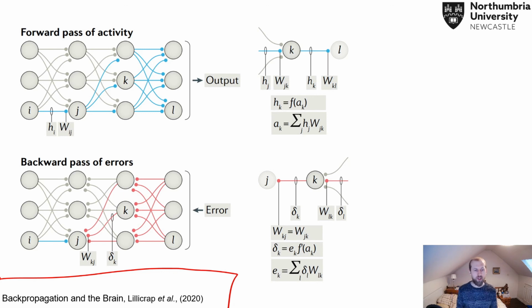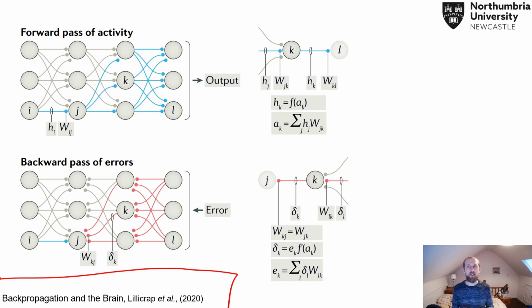Another thing that I just want to mention, this backpropagation in the brain paper, if you're interested in the possible similarity between what's going on in neural networks and what's going on in the brain, this is a fantastic paper to try and explore to develop your understanding.